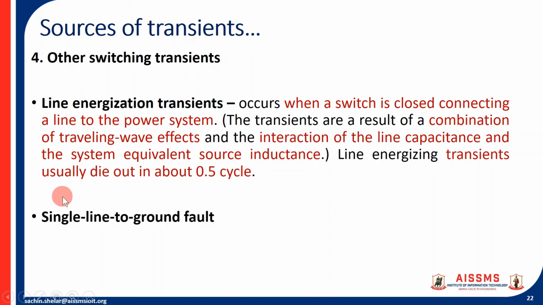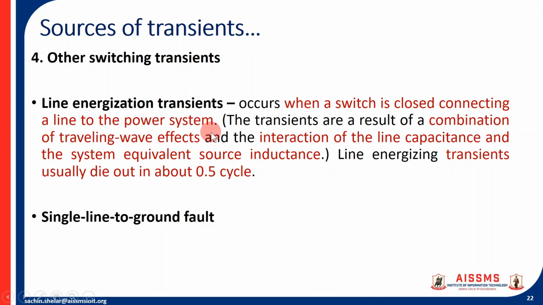Any electrical circuit has RLC, and whenever a switching is going to occur, it will try to establish a new phenomenon, and a new RLC combination will come, and that's what is called line energization transient. It occurs when a switch is closed connecting a line to the power system.